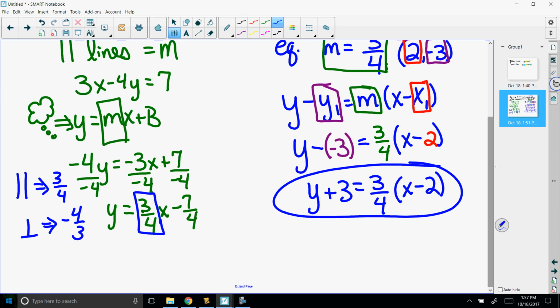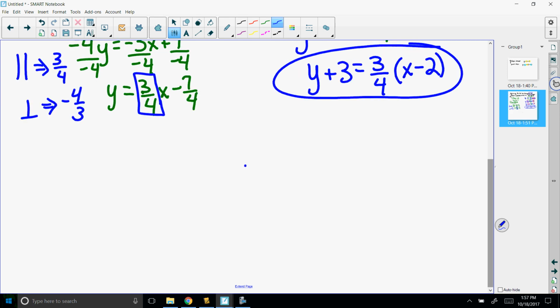What if, just to expand it to some other things, knowing what's going to be asked in your homework assignment, what if they specifically ask for it in slope y-intercept format or slope-intercept format? I'm going to solve for y. So I'm going to take the equation that's given to me, and I'm going to distribute that 3/4 through.